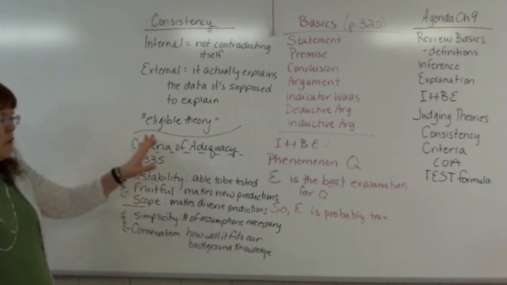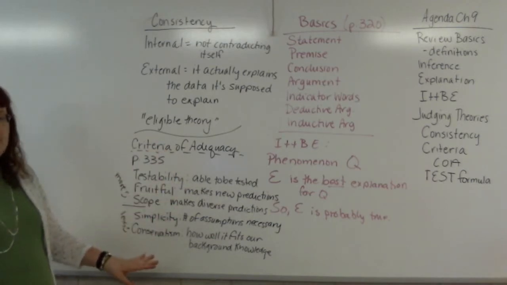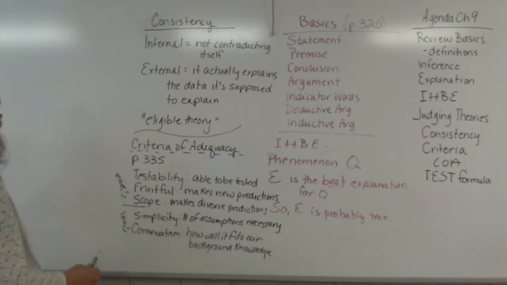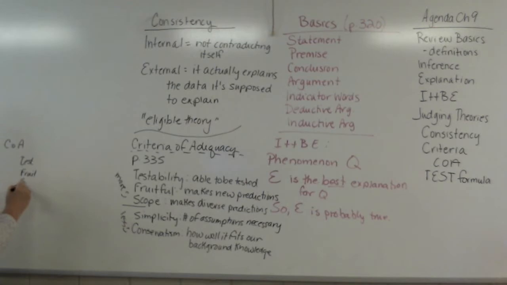And anytime we're walking through these theories and we need to figure out which one is best, we can just use a little chart, okay? My little COA chart, and I just run test, fruit, scope, simple, conservative, okay?